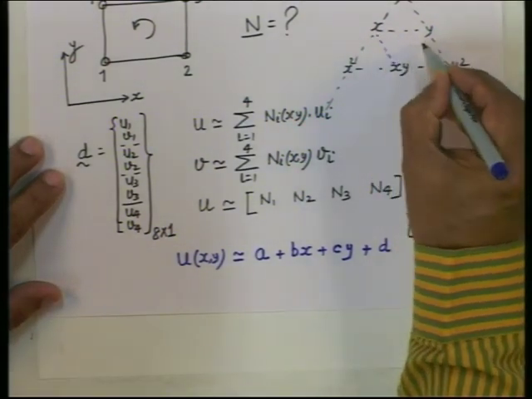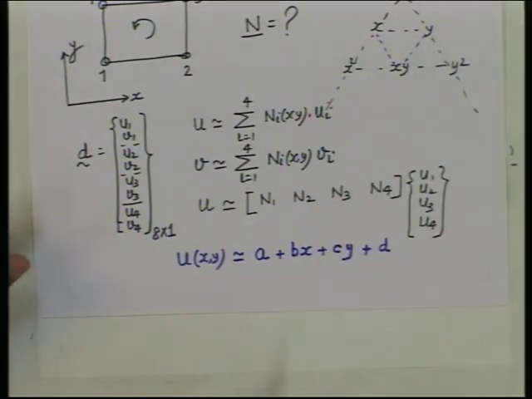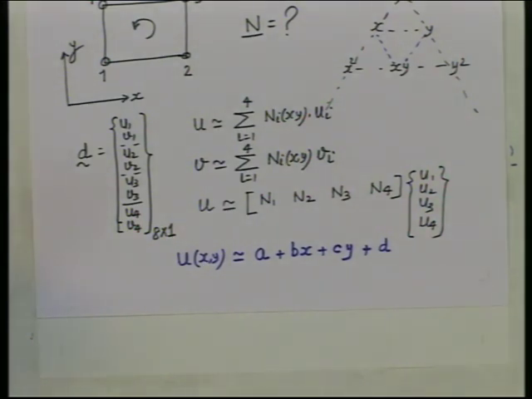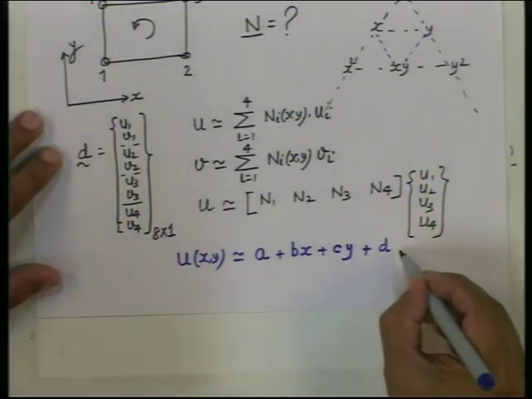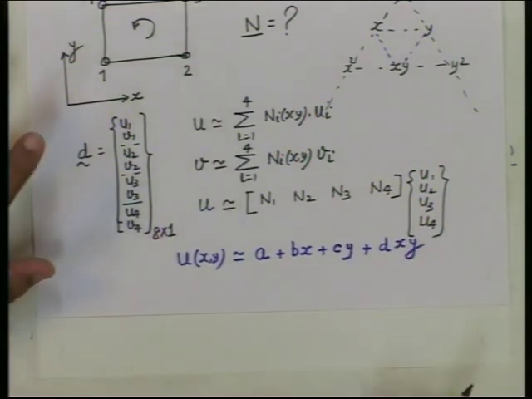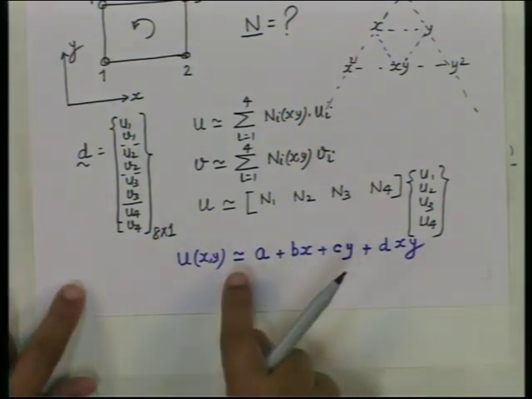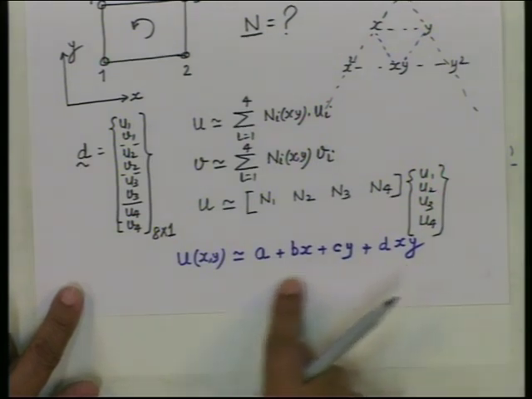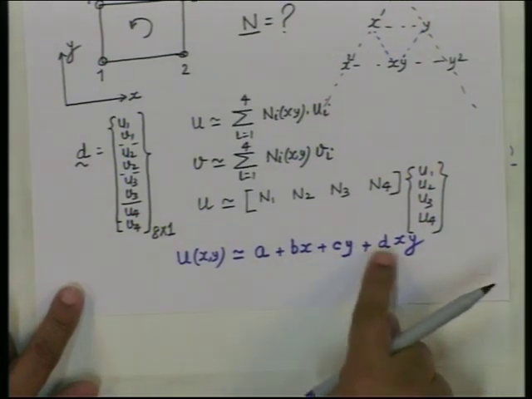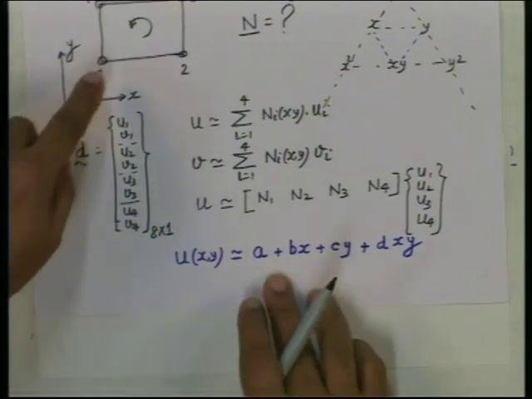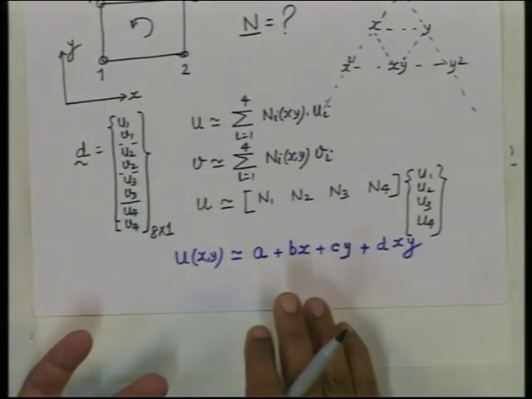First of all, the shape is a 4-node symmetrical one, so the xy term should be there, not x square or y square, because if you take x square, this function will be non-symmetric. With this, it is symmetric, plus there are only 4 constants. You cannot use more than 4 constants, because you have got only 4 nodes, so only 4 equations can be written.